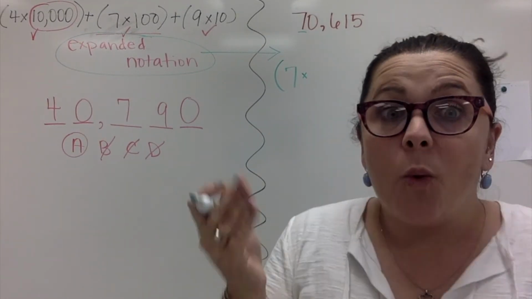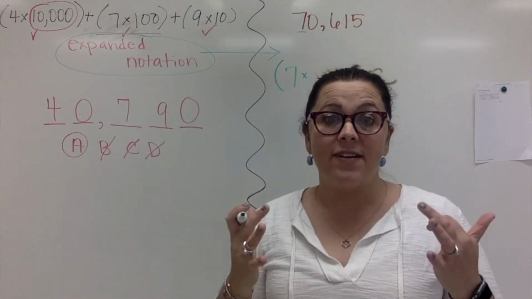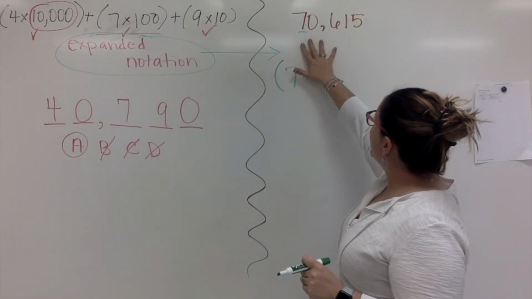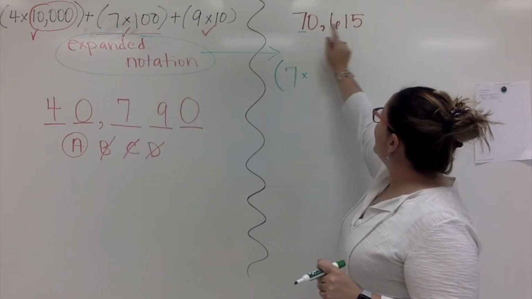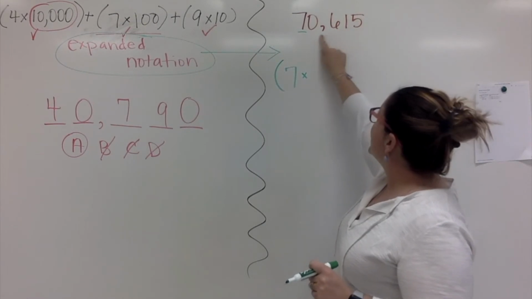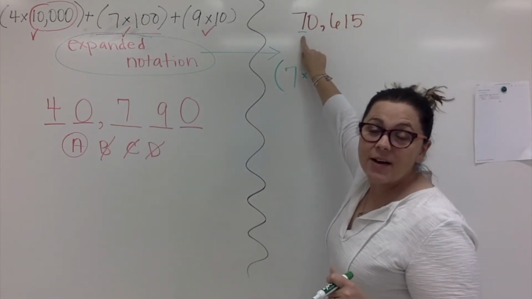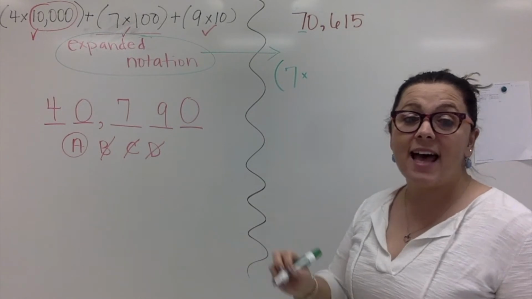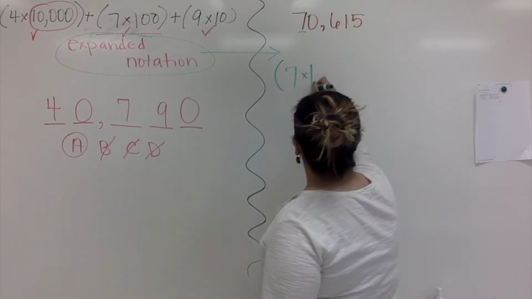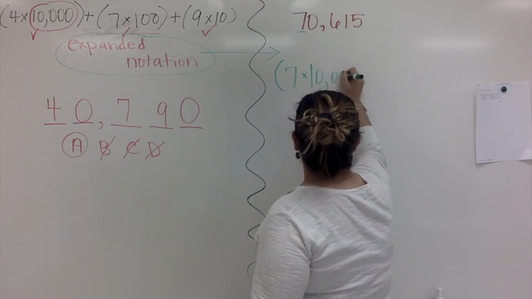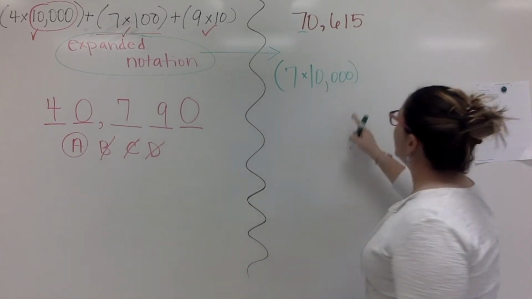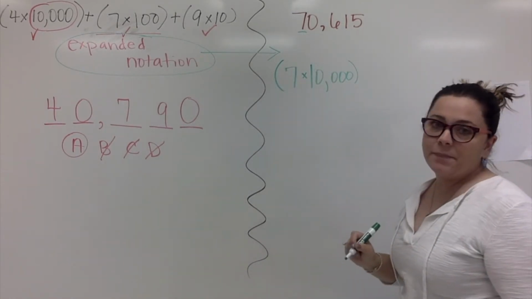So I need to know what place that 7 is in. If I look back at my number, I can see ones, tens, hundreds, thousands, 10,000s. That 7 is in the 10,000s place. So I'm going to multiply it by 10,000 because that's the value of the place that it's in.